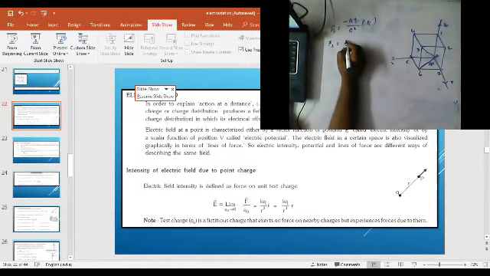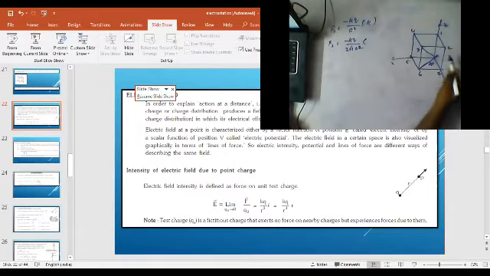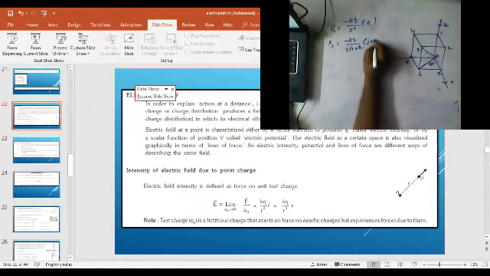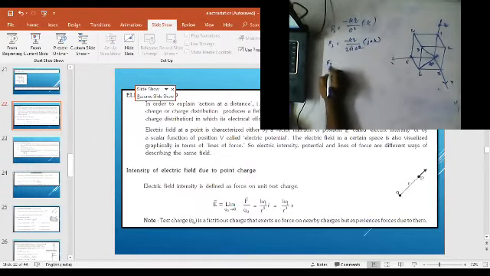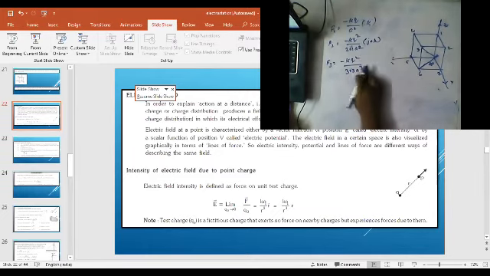F2 means minus kq by 2 root 2 a square into, so here it is in y and z, so it is j plus k. F3 is equal to minus kq square by 3 root 3 a cube. Okay, I mean it will become a square. And here it is I plus j plus k.